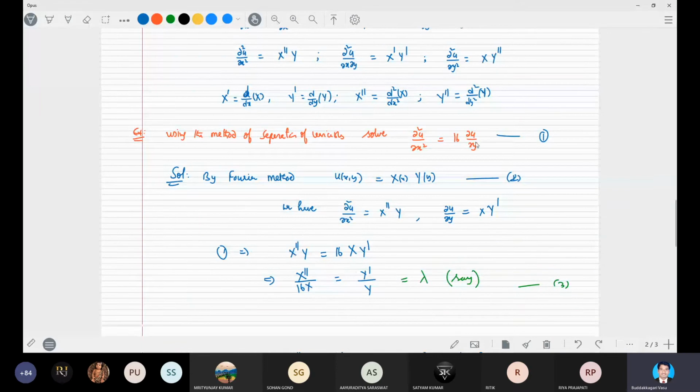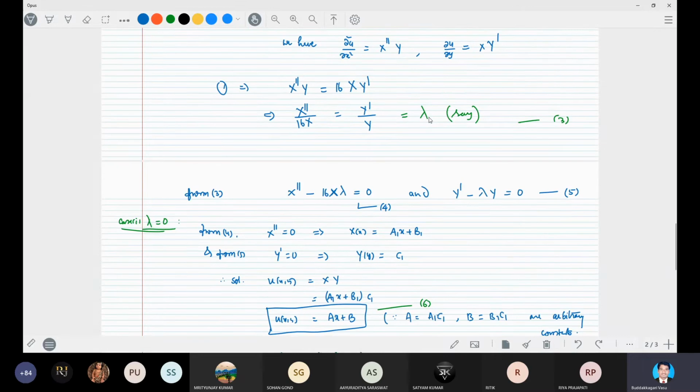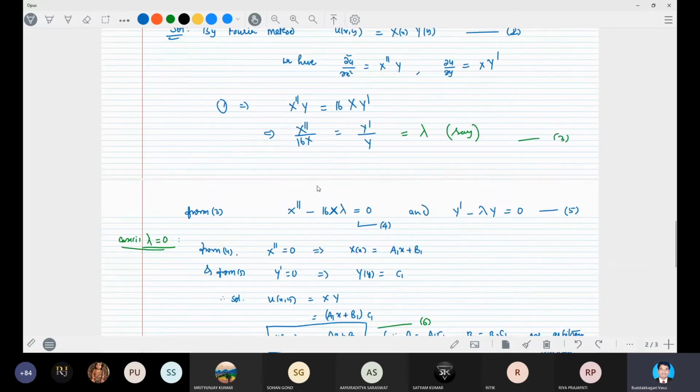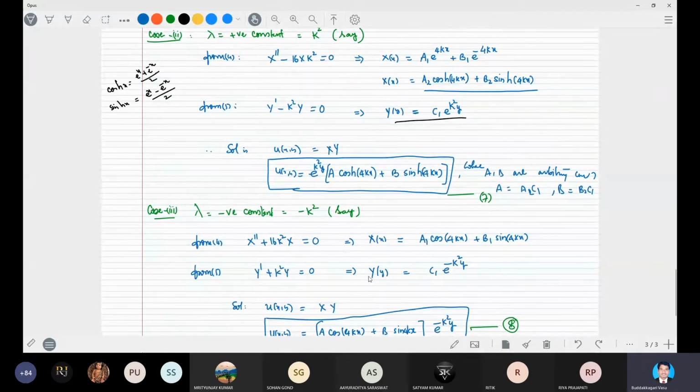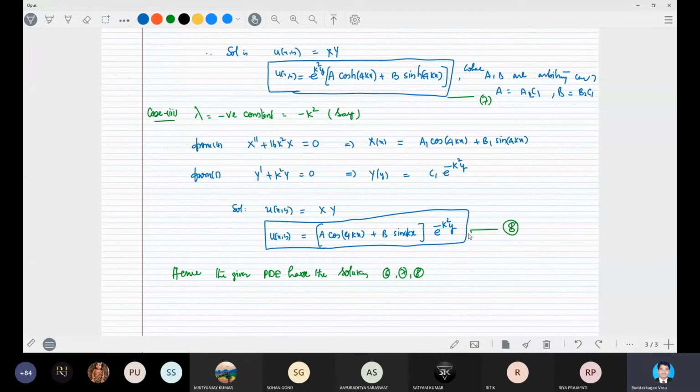So these are all the possible solutions of the given differential equation. For this equation, these 3 are the possible solutions. Those 3 we obtained for various kinds of constant, whether zero constant, positive constant, or negative constant, giving 3 different solutions. So out of these 3 possible solutions, we have to find the suitable solution, right?